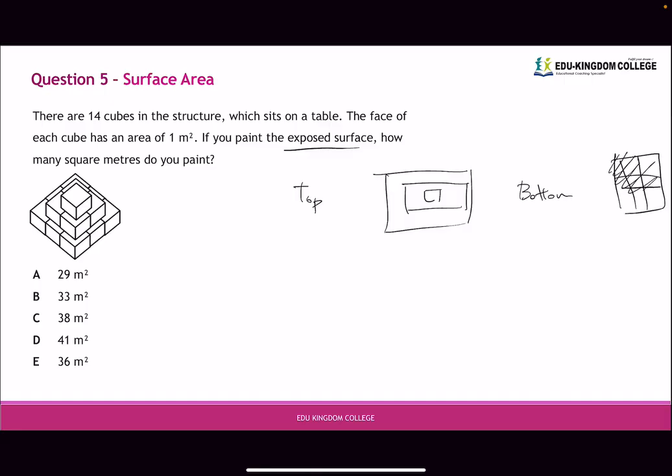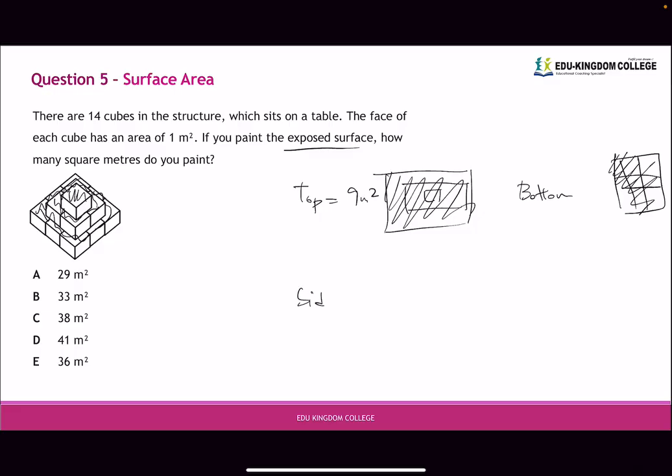And if you look at it from the top, it's still 9 squares worth of area as well. We have 1 here, the surrounding area here to make it 4, and then the surrounding area here to make it 9. We see the same 9 blocks worth of area if you look at it from top down. So top equals 9 meters squared.